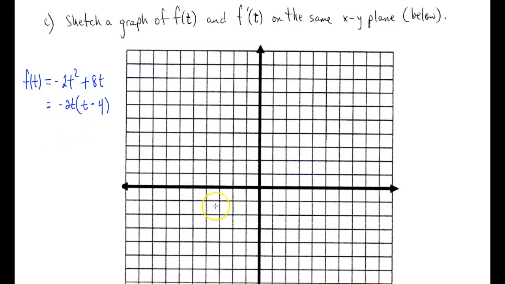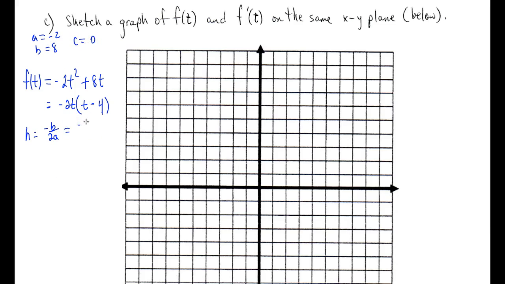And so, of course, that lets us know, if we were drawing this, that we have an x-intercept at 0 and an x-intercept at 4. And our parabola is going to be opening down. We can also go ahead and find out what our vertex is. h is just minus b over 2a, where our a here is negative 2, our b is 8, c is 0.